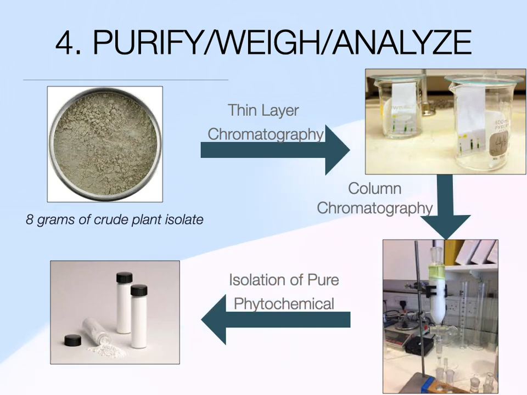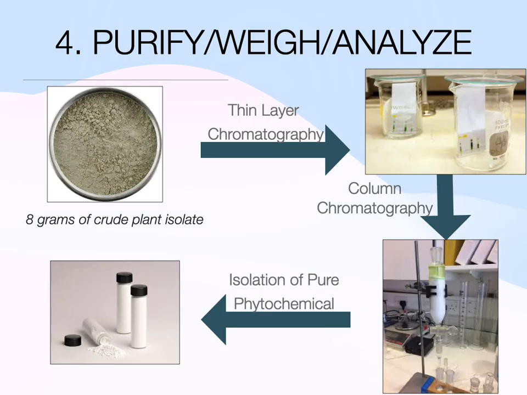And at this point, the residue or the plant isolate is primarily composed of phytochemicals. So these phytochemicals are there in bulk, and they now need to be separated from each other. In order to do this, we have to conduct 2 chromatographies.